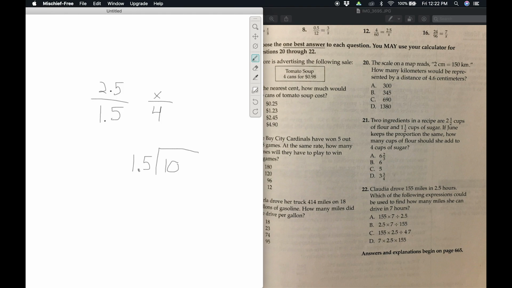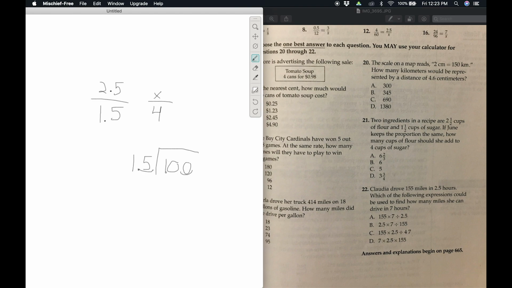So we have to move this decimal over because the divisor has to be a whole number, and the decimal is assumed to have already been here, so we need to move it one place over here as well to keep it in the right proportion. So 15 goes into 100.